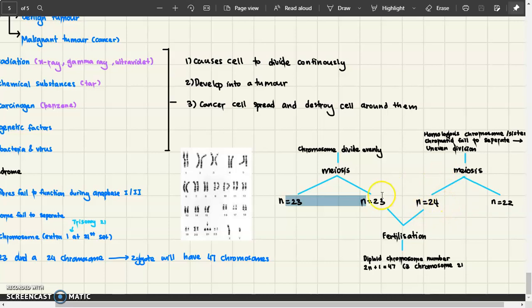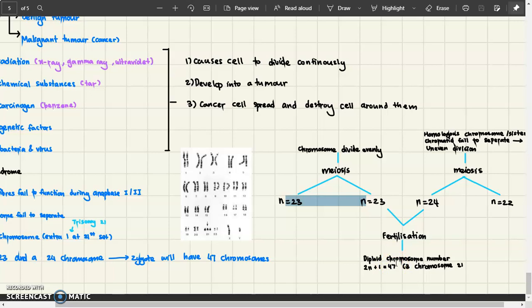And then what happens if fertilization occurs with that gamete? It will produce a zygote which has 47 chromosomes. A normal person has 46 chromosomes, whereas a Down syndrome person has 47 chromosomes, with an extra chromosome on the 21st pair.